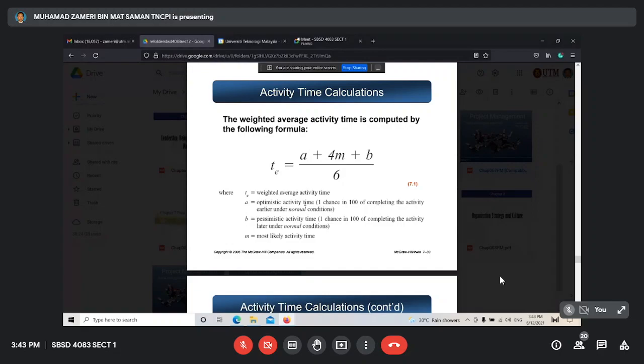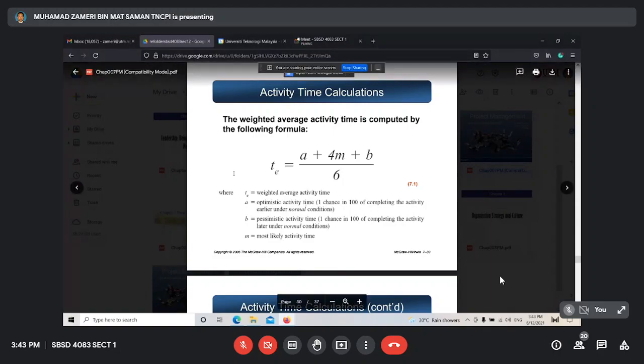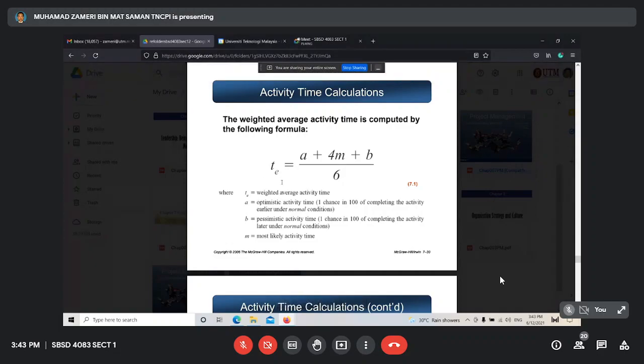So for the safe side, we say 10 plus minus 2. That means 10 is M, minus 2, 8 is A, plus 2, 12 is B. Based on that, we need to find TE.